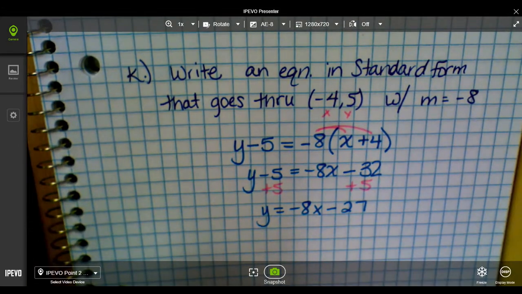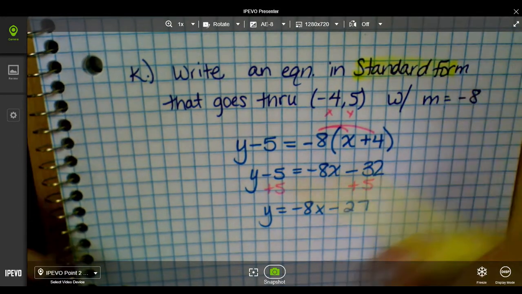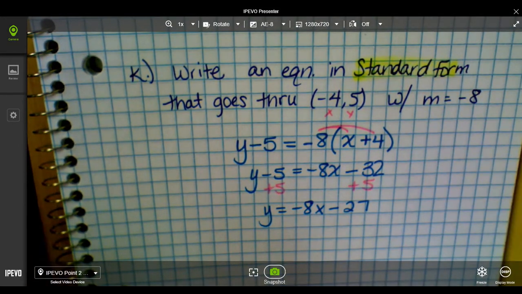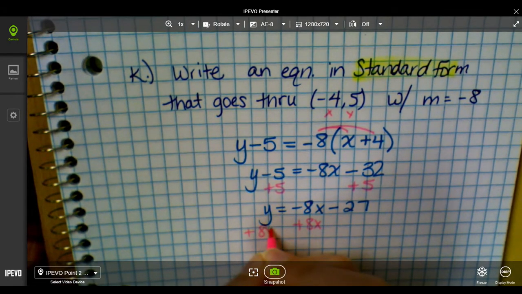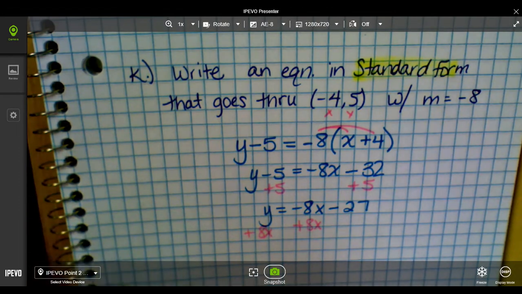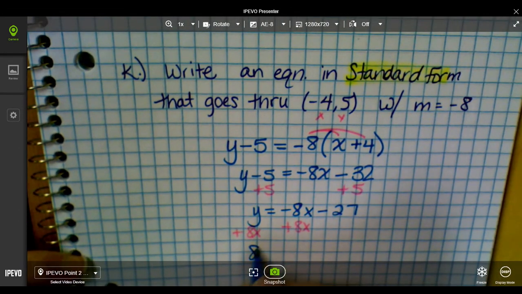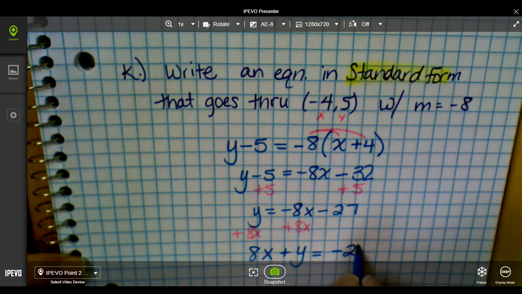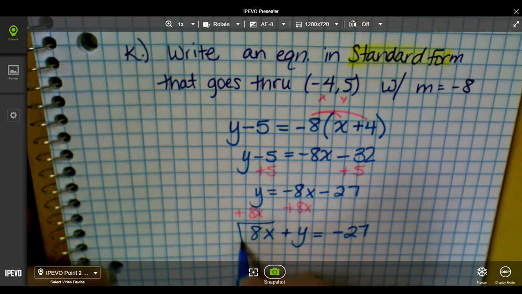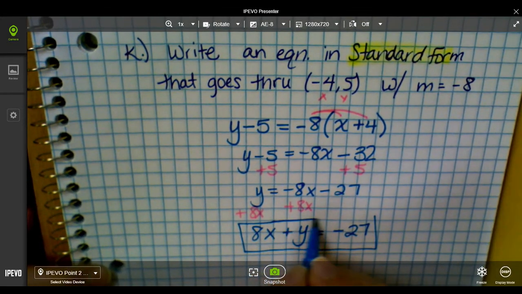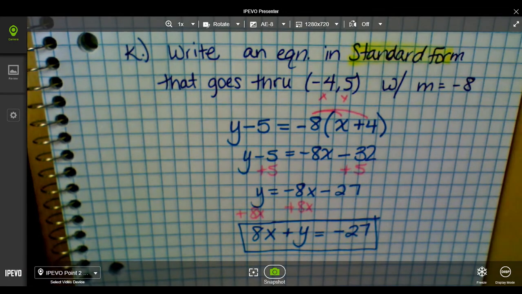I want it in standard form. So therefore, the last thing that I have to do is get my x's to the left side. So I got to add my x's again. So now I have 8x plus 1y equals -27. A, B, and C are all integers. My A is positive, so that means it is ready to be circled.